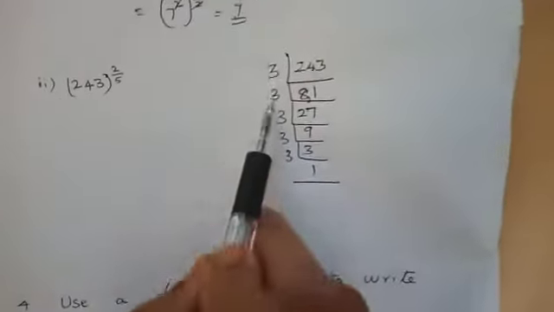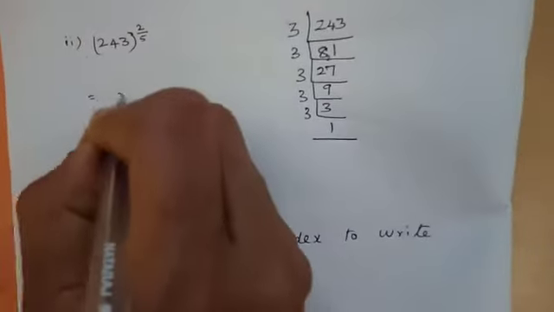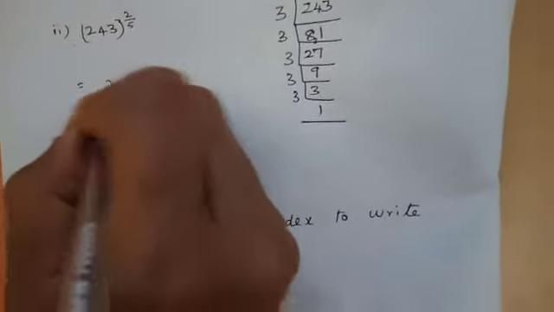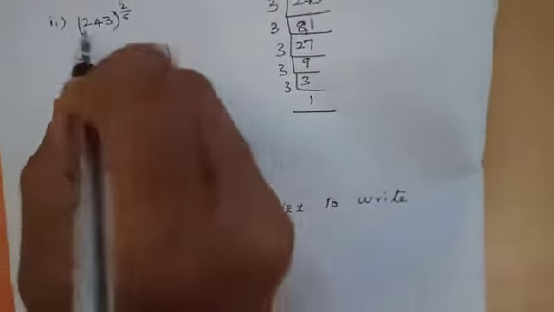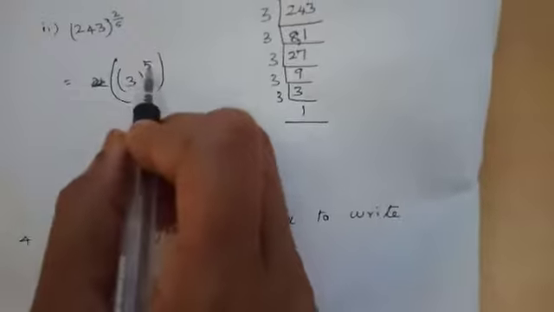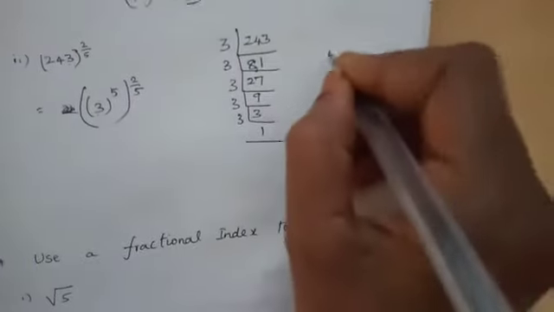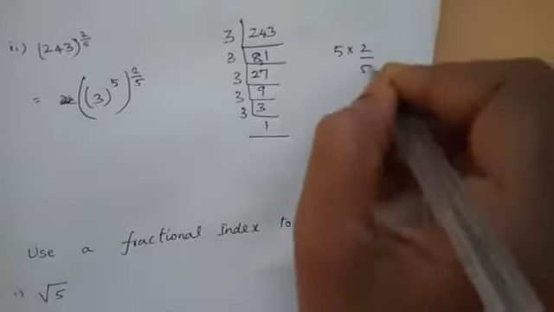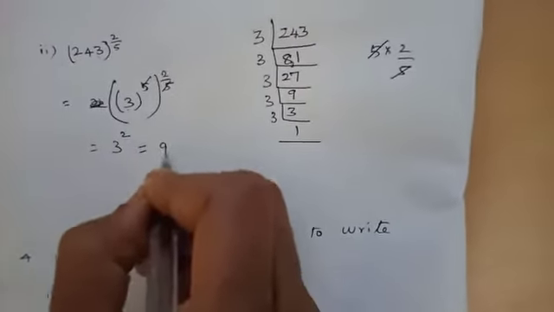So 1 2 3 4 5, 243 is 3 power 5, and we write it as 3 power 5 to the whole power of 2 by 5. So 5 into 2 by 5, the answer is 3 power 2, that is 3 into 3, 9.